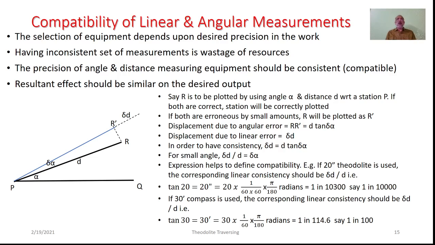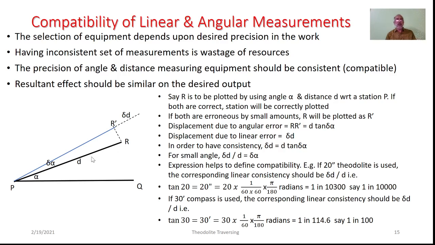In order to understand this particular matter, say we wish to plot this particular station R by making use of this inclination alpha and distance d with respect to station P and say this survey line PQ. If both alpha and d are correct, we'll be able to mark this station R very correctly.